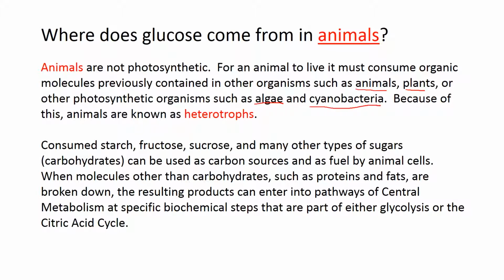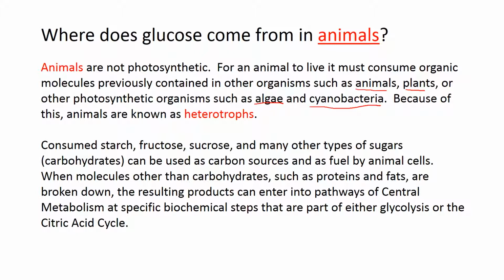Because of this, animals are known as heterotrophs. In other words, they feed themselves from other things previously existing. They don't feed themselves with things that they synthesize themselves, like plants, which are autotrophs, as I mentioned earlier.